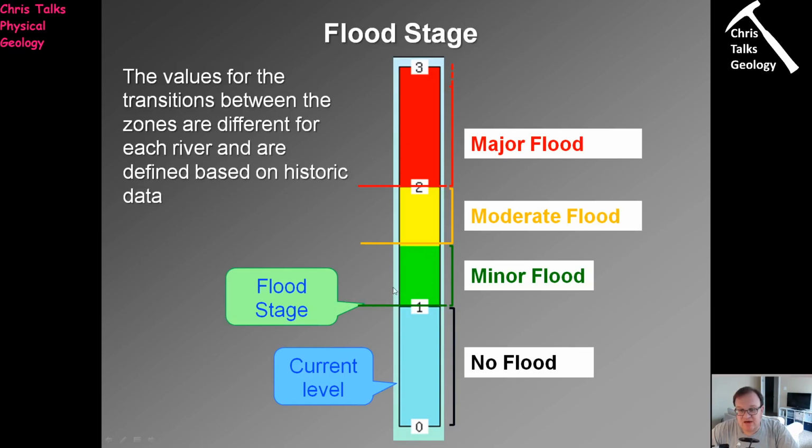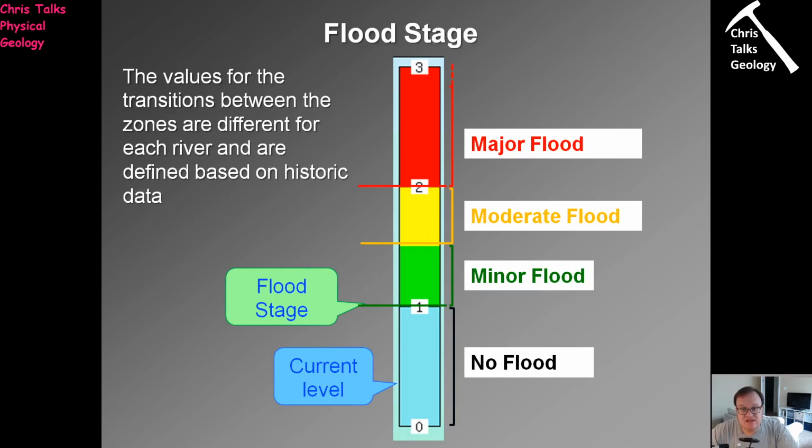Next we have the green area, that's minor flood in this case, and this is going to be the flood stage right here. This depth right there, that's the point where the river starts flooding, so that's the flood stage. So green is going to be a minor flood, so you'll just flood the surrounding area, it shouldn't be too damaging. As we head up, we go into the yellow area, that's the moderate flood, and then we have the red area, that's the major flood.